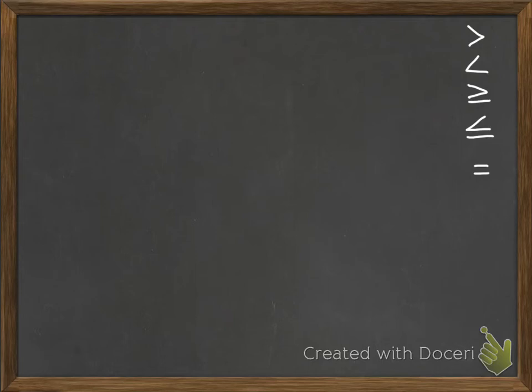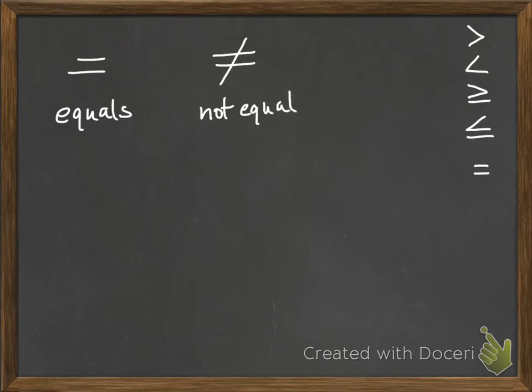Since we have equals, if something is not equal to something, so x is not equal to 5, you do an equal sign with a line through it. Not equal. You don't see this all the time, but you do sometimes. So we'll just put that there so you can see it.